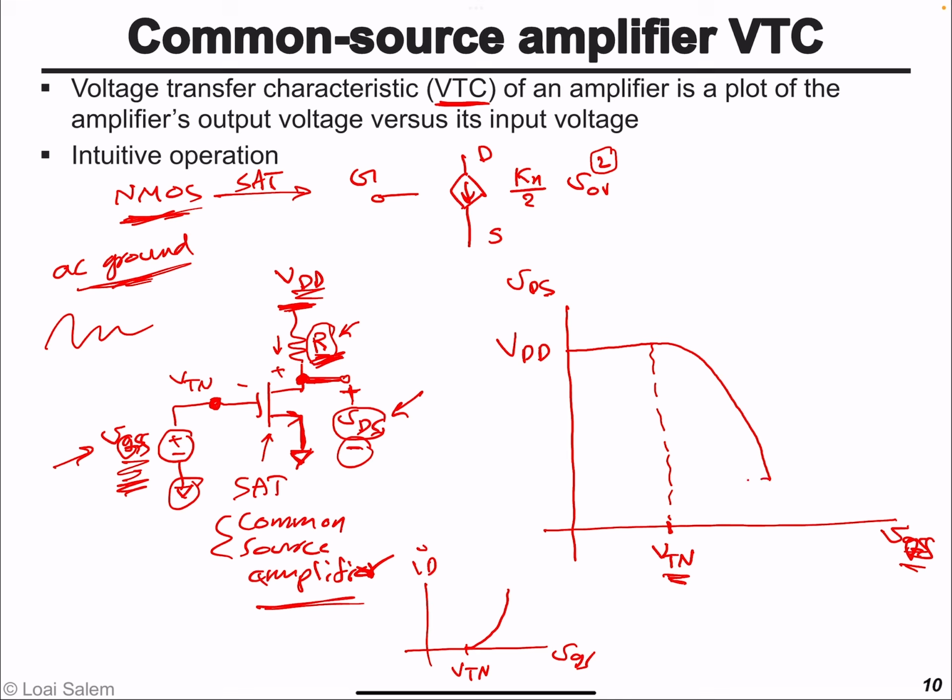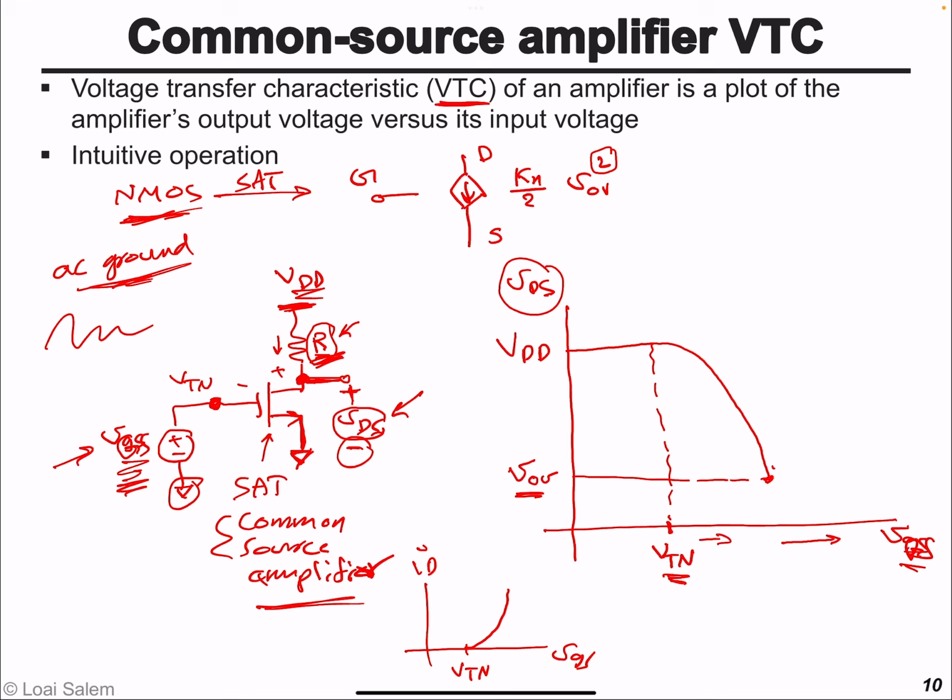until this point when VDS essentially reaches what's called the overdrive voltage, VGS minus VT. And at that point, essentially, the drain voltage will go below the overdrive voltage, and so the transistor is going to enter the triode region, and its current essentially will increase much more slowly as we increase VGS compared to the saturation region.